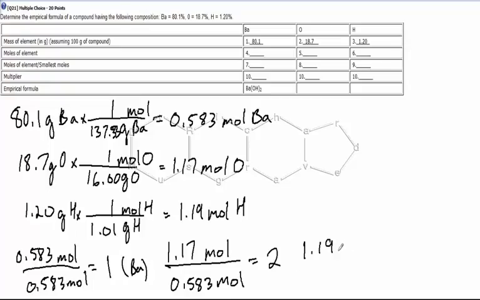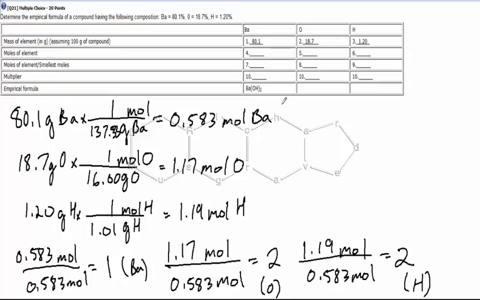And 1.19 moles divided by 0.583 moles. That can be rounded to 2 as well. So we're getting something like 1.99 or 2.01 here for these two. Alright, so that's for the oxygen, and this one's for the hydrogen.